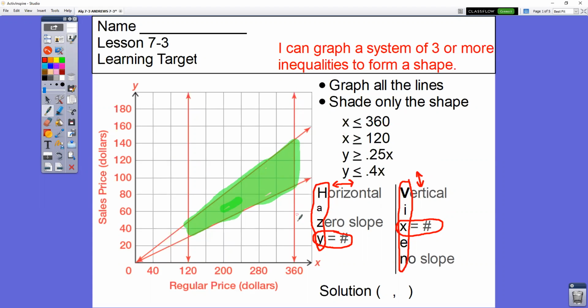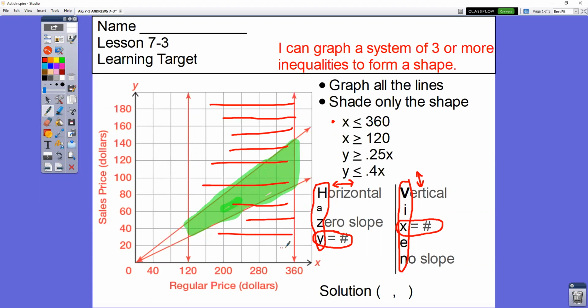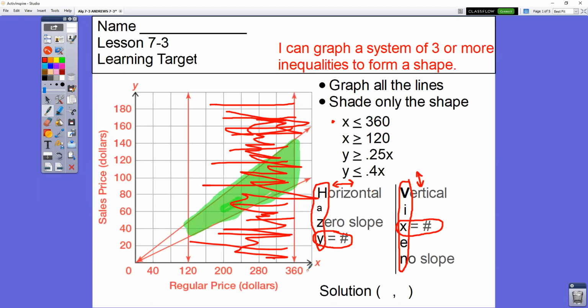That was a solid vertical line at 360. When I go to shade it, normally you're used to shading this whole area over to the left of the line, or some people get really ugly and shade that left-hand side of the line.